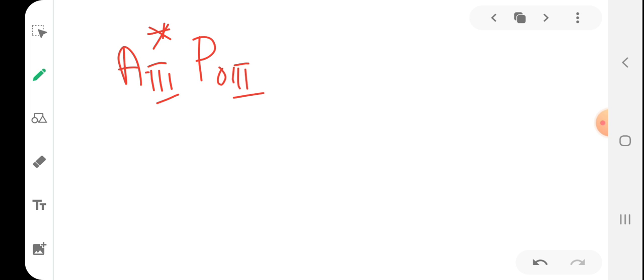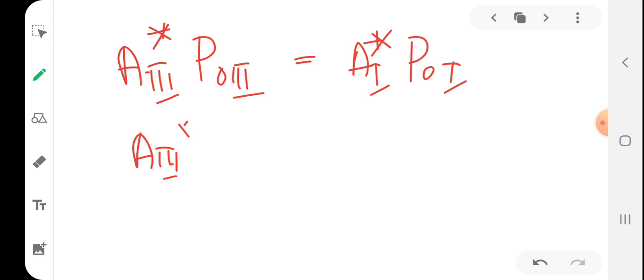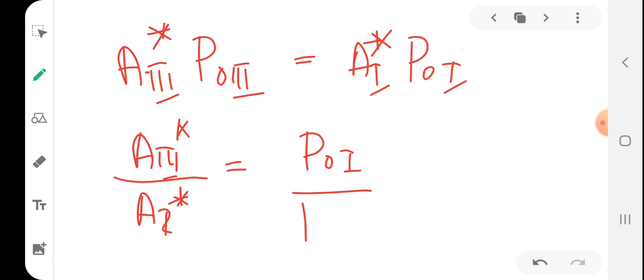So A star P0 should be constant, means A3 star into P03 should be equal to A1 star into P01. It means A3 star by A1 star should be equal to P01 by P03, right? So this value is 1.397. We have obtained this value, right?